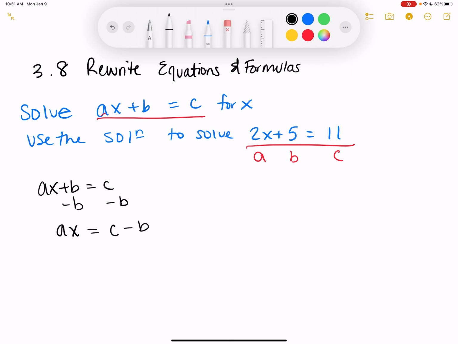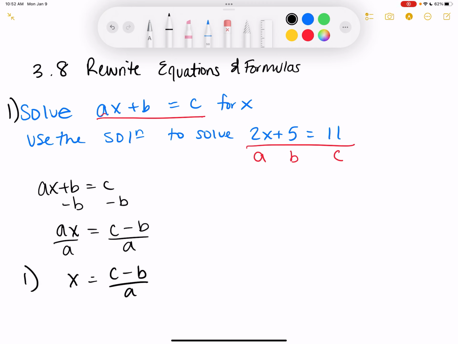And then I'm going to divide both sides by a. So x is equal to c minus b divided by a. So that's the first part. So that's step one, solving for x.